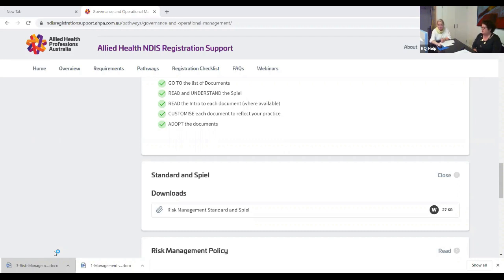So if we just scroll down, do you want to just increase the font size a bit? Thanks. So in the spiel, it talks about the risk management system that you've got in place. This includes a risk management policy, which we're not going to go through today, a risk management register, which we will be talking about shortly, the incidents and complaints management system, and then a monitoring system with that compliance calendar that we've spoken about in earlier webinars.